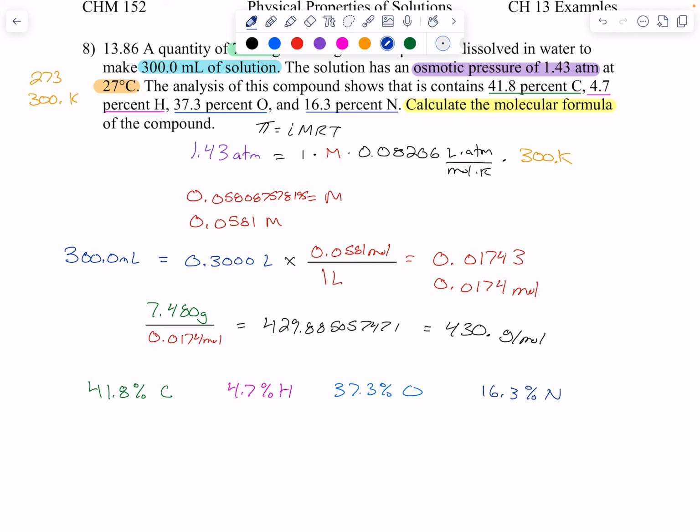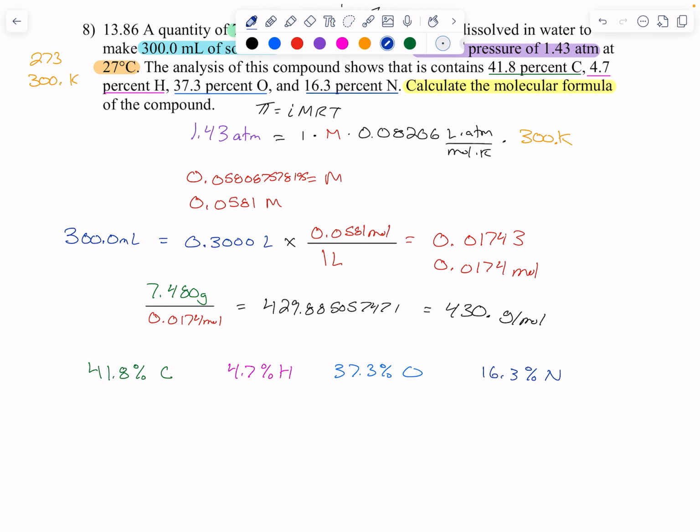There's more than one way to do this. I like to do it this way: assume 100 grams.